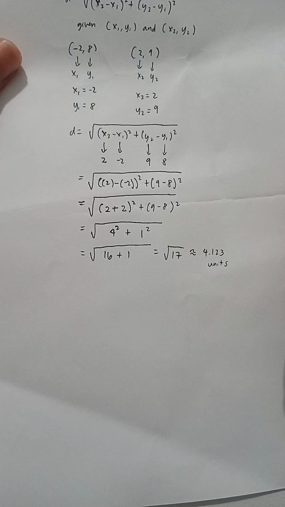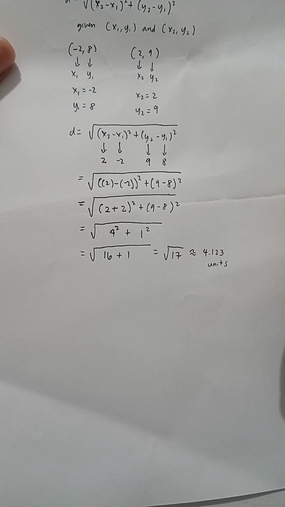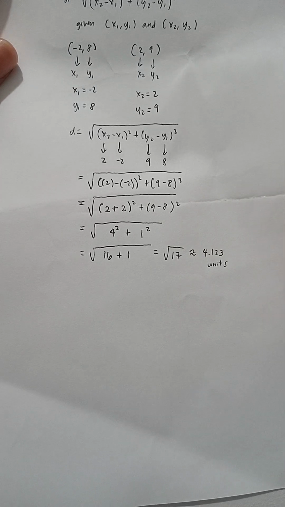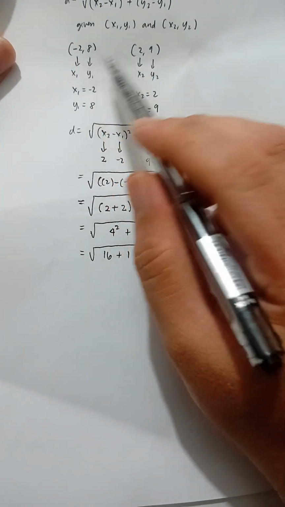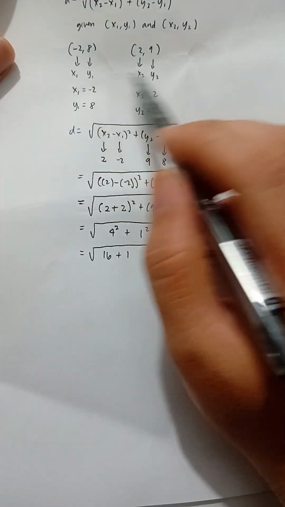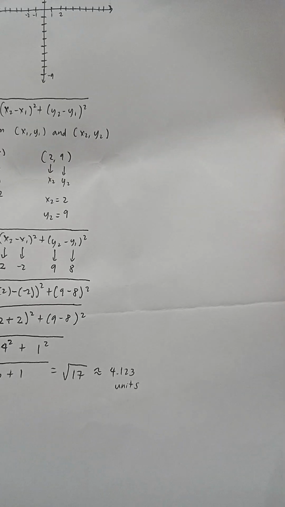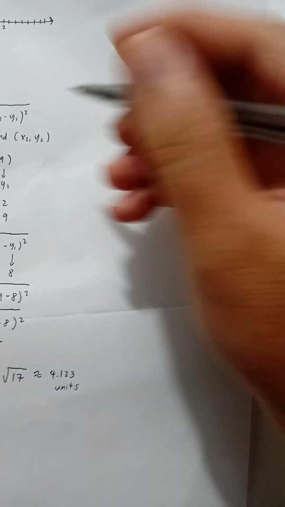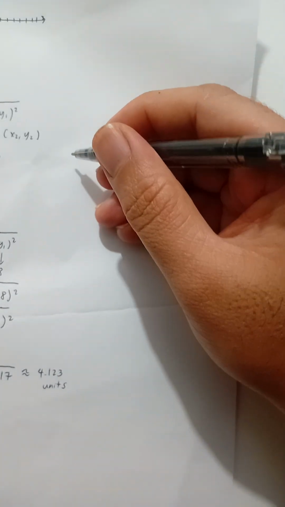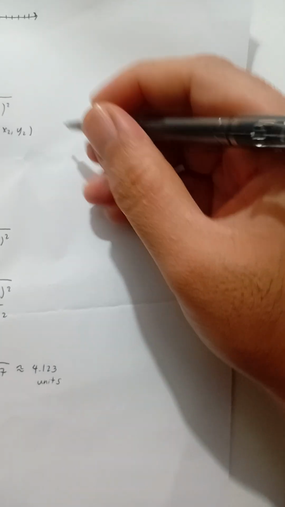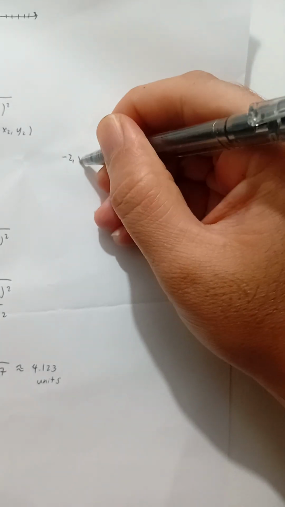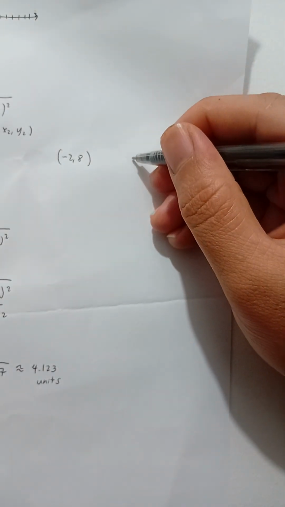All right. Now, do not think that this is the only way of assigning the variables. You can also have the other way around. So you can also decide to have (-2, 8). Okay, let's write the points.